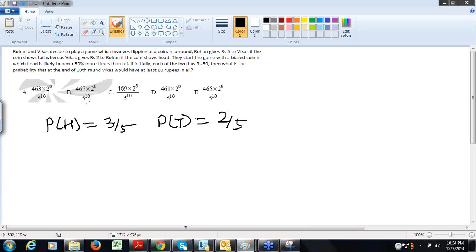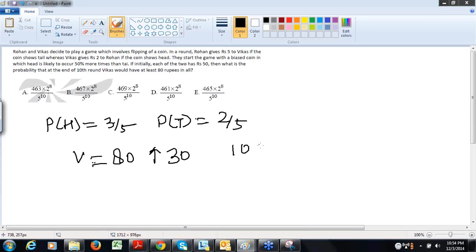Okay. Now it is saying that Vikas should have 80 rupees, which means Vikas has gained how much? 30 rupees. If Vikas has gained 30 rupees, it can only happen how?